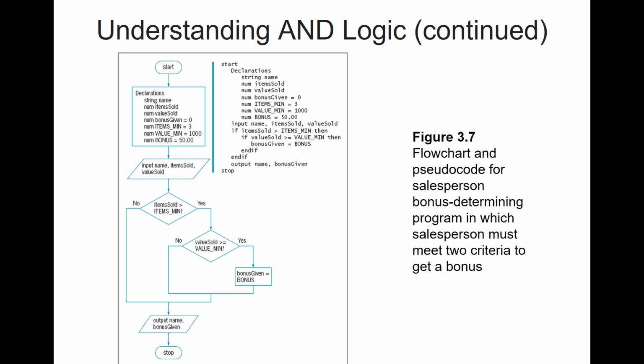And if I look at the pseudocode, it's really nothing more than a nested if-then statement. So if condition A is true, then condition B is true. When we write it out, though, it starts to get a little more convoluted.